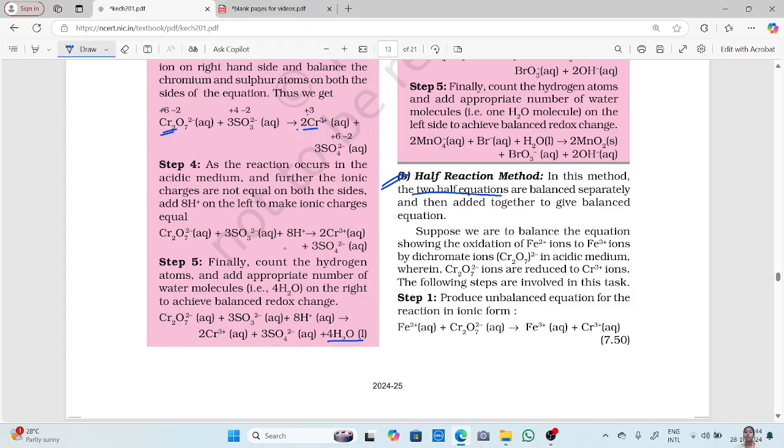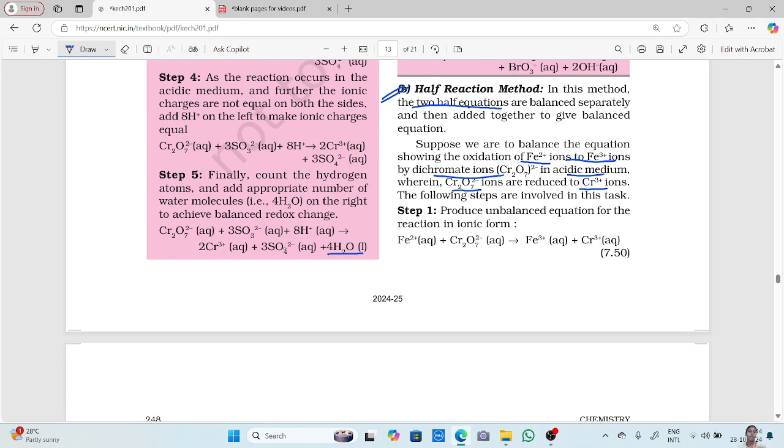Now suppose we balance the equation showing oxidation of Fe2+ ions to Fe3+ ions by dichromate ions in acidic medium, wherein Cr2O7 2- ions are reduced to Cr3+ ions. Here they have taken an example of oxidation of iron, ferrous to ferric, and reduction of dichromate, chromium 6 plus to chromium 3 plus ions.